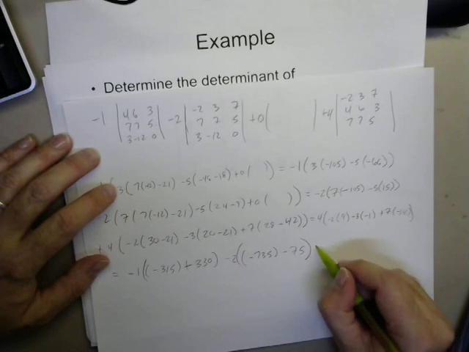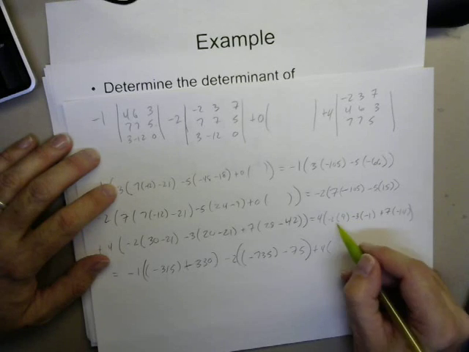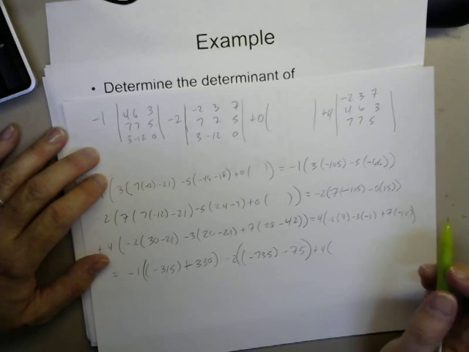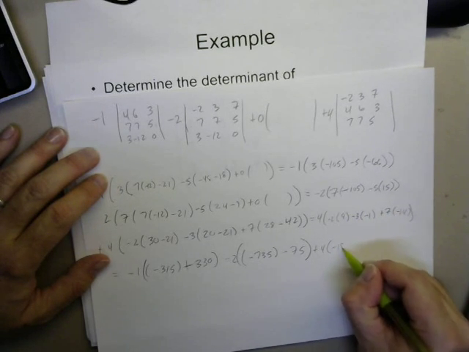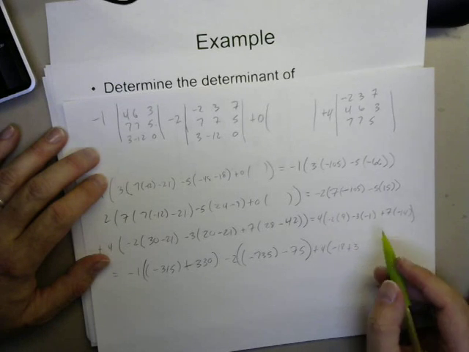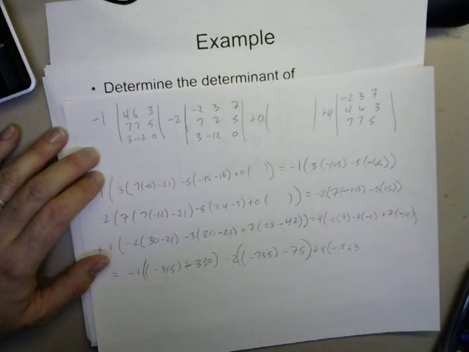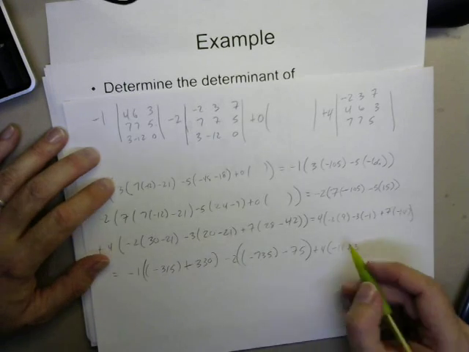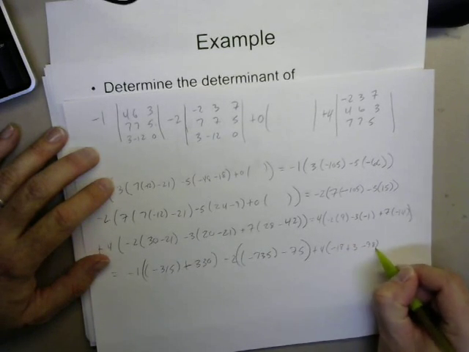And then you'll have plus 4 times -18 plus 3, and 7 times 14, that should be 98, I think? Yeah, so that'll be a minus 98.